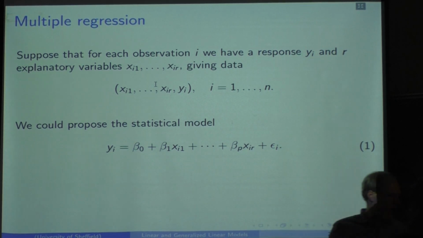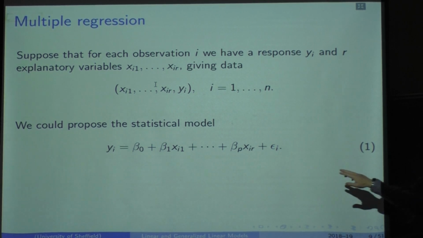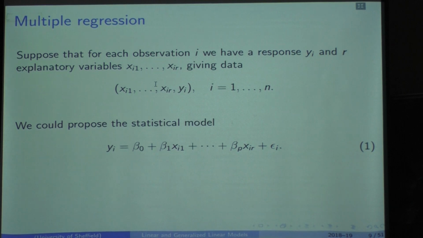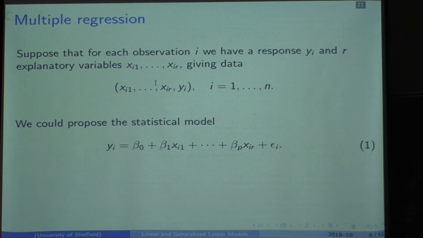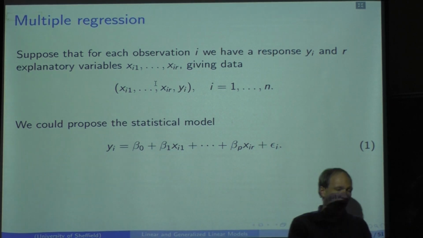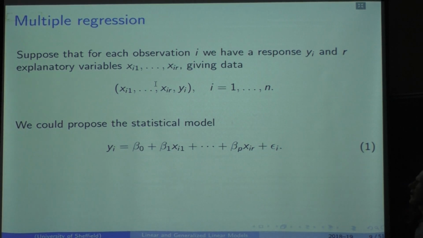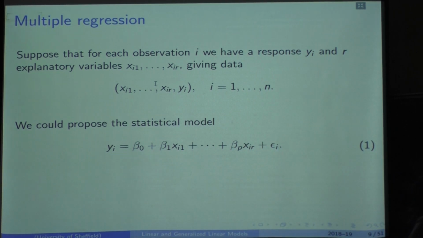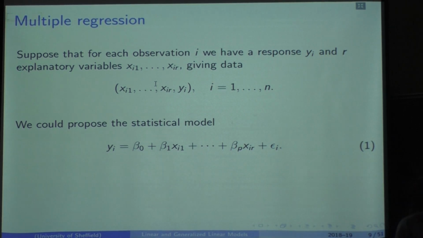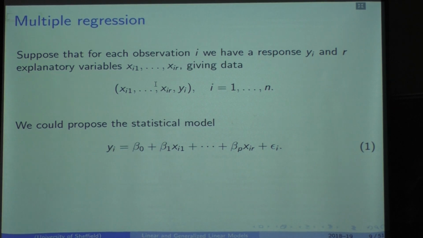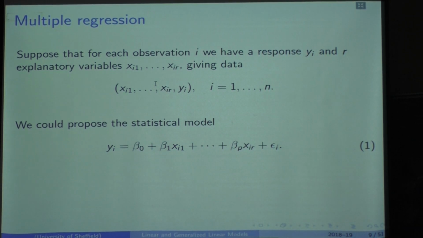And then on the end you have the epsilon i, just as you had before, so this gives you some sort of random term, some sort of perturbation about what you get from predicting the values using the explanatory variables. Okay, so you've got a beta naught, which is a constant term, then you add beta 1 times the value of variable 1 for that observation, beta 2 times the value of variable 2 for that observation, and so on. And then you add on, at the end, this random term which could describe some other sources of variation in the experiment.